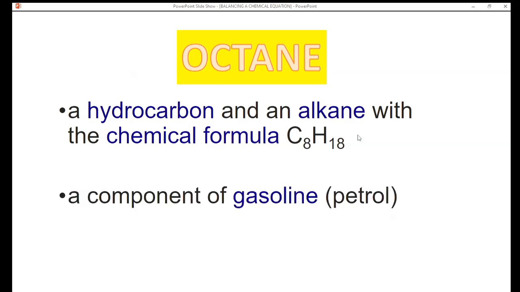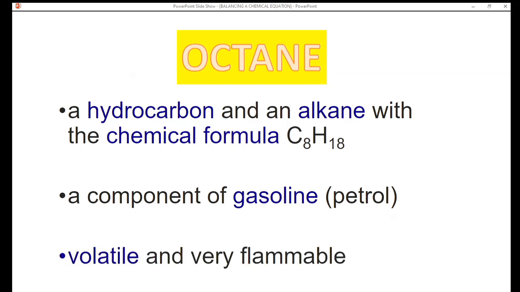Octane is a component of gasoline, or here in our country it's known as petrol. Since octane is a component of gasoline and petrol, of course, octane is highly flammable, and also highly volatile.